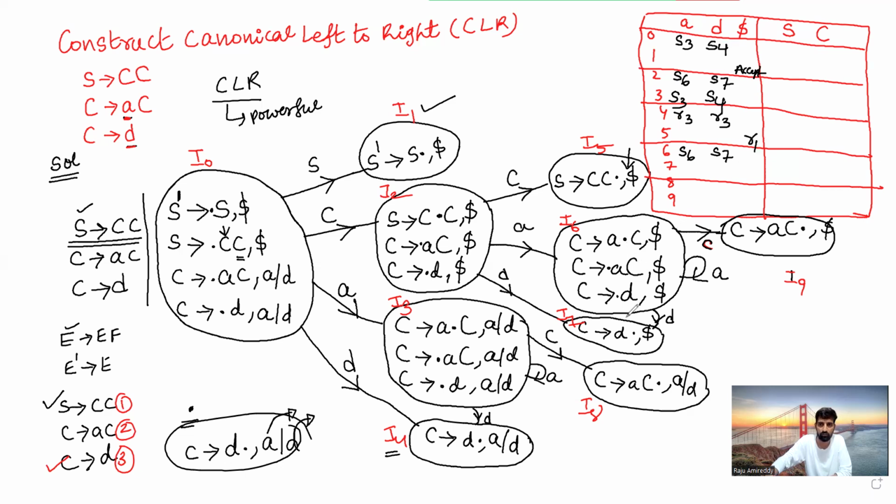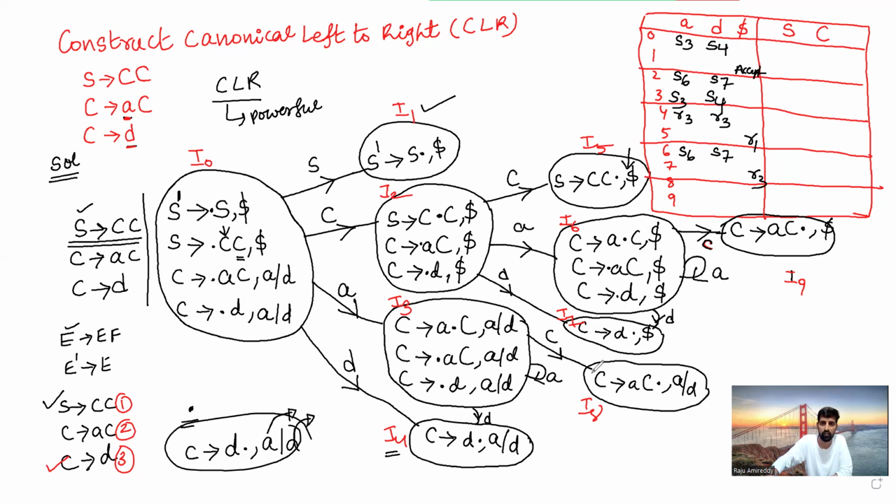Now I7 is there. In I7, C tends to D dot, dollar. C tends to D dot is the third production. We substitute in place of dollar in I7, so we write R3, because this production number is 3.